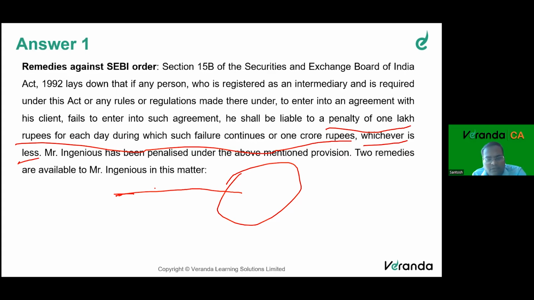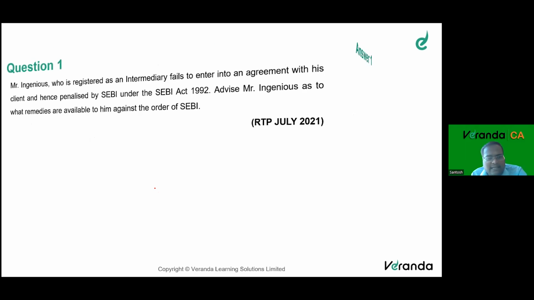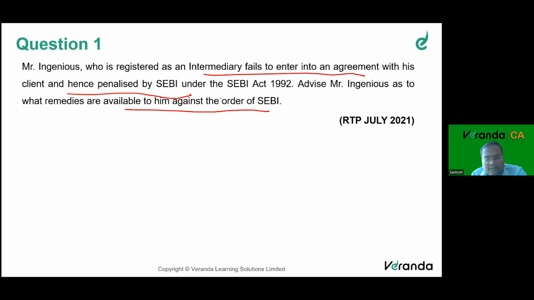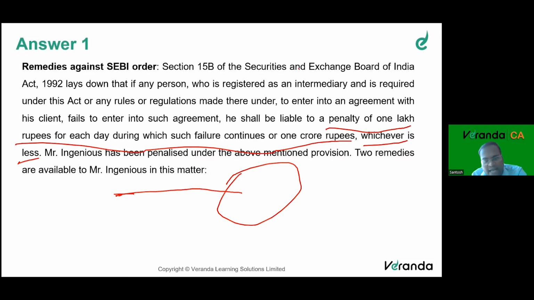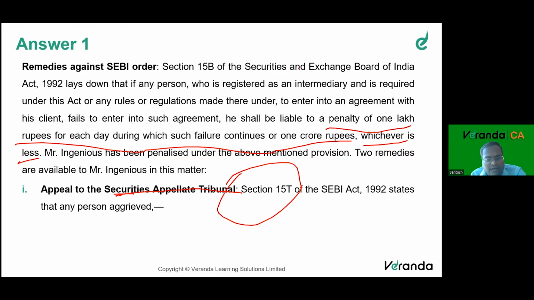If you observed one thing, in this question they are not asking you what is the penalty, but in the answer we are also telling the evaluator, I know there is this section through which I can get a notice, and if I get a notice under this section, these are the penalties. Because I have got these penalties, I want to go for an appeal.